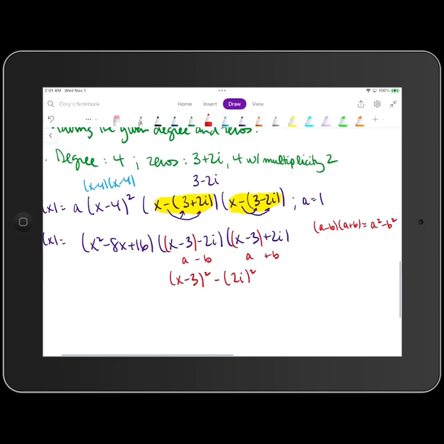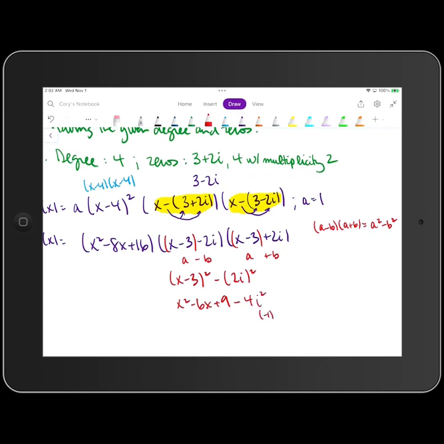Okay, so x minus 3 squared, that becomes x squared minus 6x plus 9 whenever I multiply and simplify. Minus, when I square the quantity 2i, I have to apply that exponent to each factor. So 2 squared is 4, and i squared is i squared.